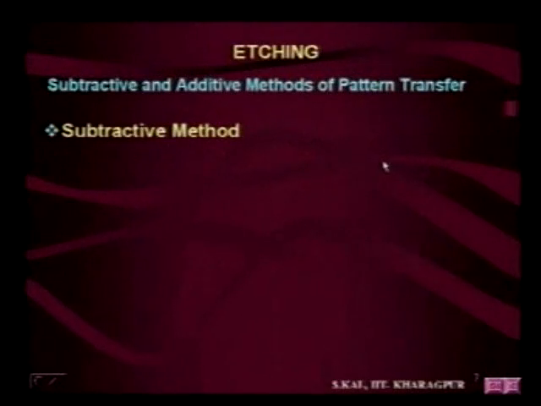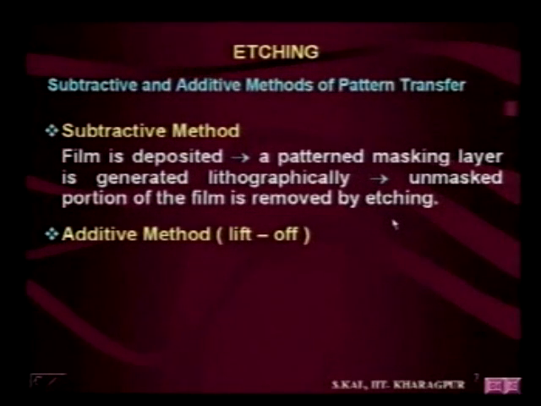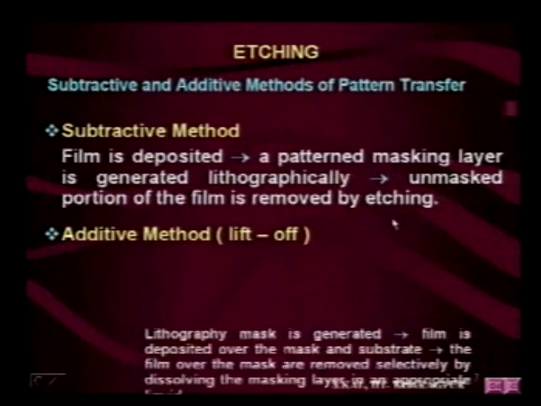Now this process you can define by this. In case of the subtractive method, the film is deposited, these are the steps: deposited, a patterned masking layer is generated lithographically, and the unmasked portion of the film is removed by etching. In case of the additive method, what we do?